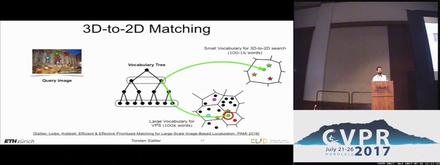So what I do is I first identify points that are close in 3D space to a matching 3D point, and then match them back. So the idea is, think of you're somewhere in Paris, say you're looking at the Eiffel Tower. So you get one match onto the Eiffel Tower.